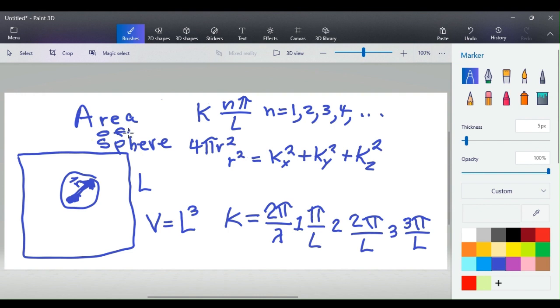Each one of these k's is going to follow this little formula 1, 2, 3, 4, and each one is going to have a different index. So this r squared is going to be involved in finding the area of the sphere, and as that area of the sphere gets a little larger, as those waves come out, there are different modes of frequency that can occur.